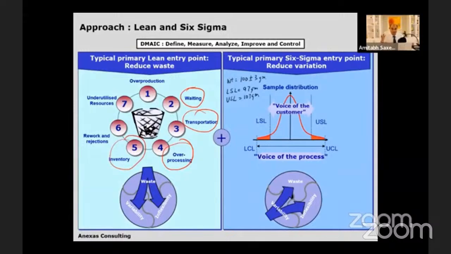A lot of money is blocked in the organizations. That is a waste. Rework or rejections, I already talked about it. Another waste is waste of intelligence, underutilized resources. You hire a PhD person and give him a data entry job, that is a waste of his intelligence. And producing more than required, that is also a waste.